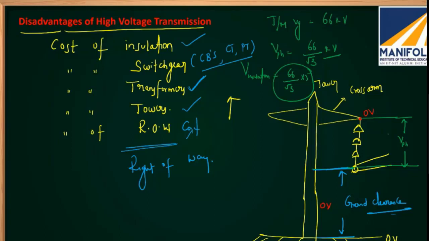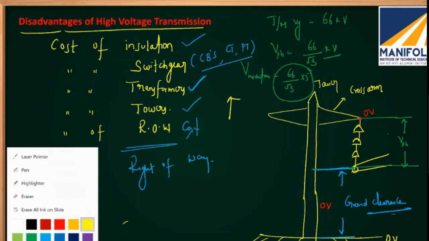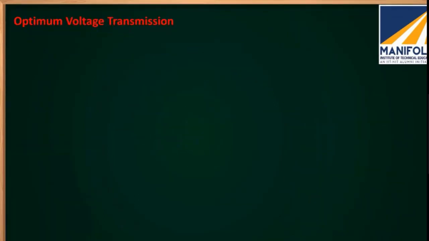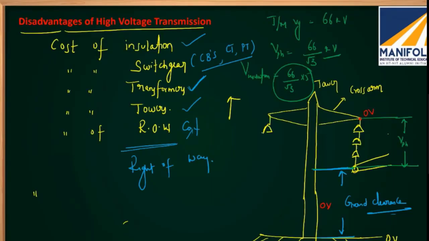So one thing you remember, insulation voltage is always provided between the phase to neutral voltage. Why? Because suppose this is one more transmission conductor. So this voltage is between this conductor and this conductor.